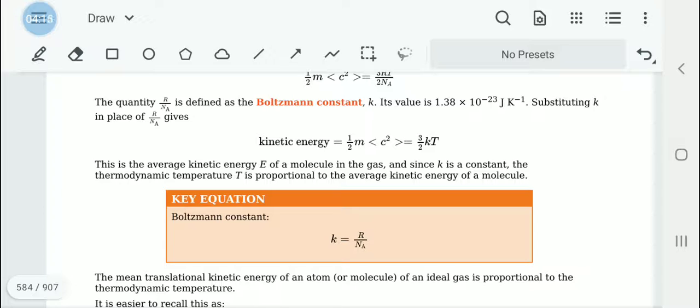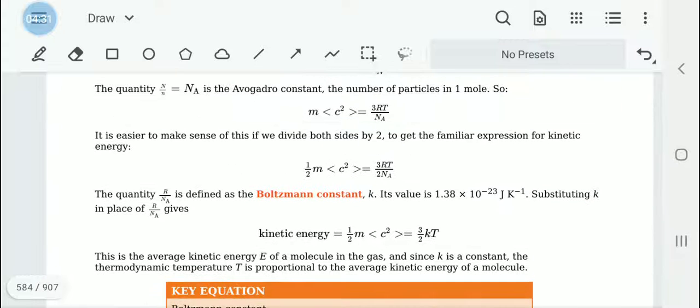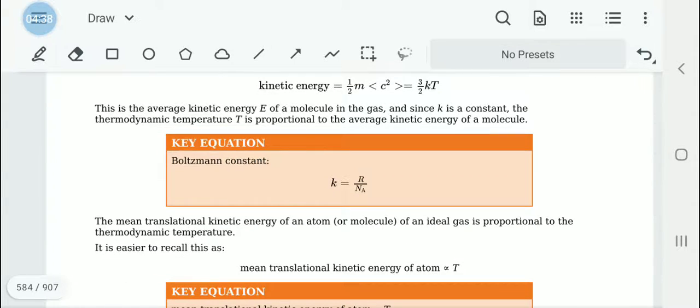So the thermodynamic temperature is proportional to the average kinetic energy of a molecule, is an understanding that we need to get. The key equation here is going to be K, Boltzmann constant, is equal to R upon Na. Right? So you have to remember from where R is going to come. So that comes from PV equals nRT.